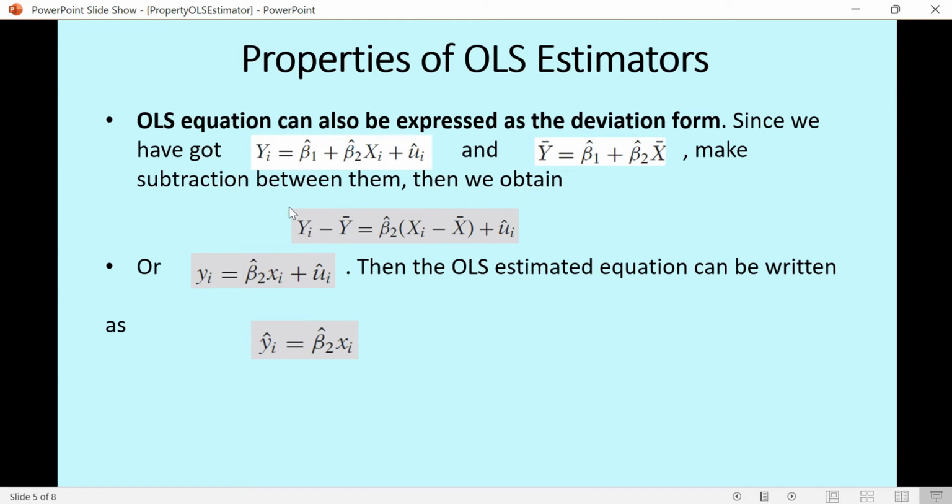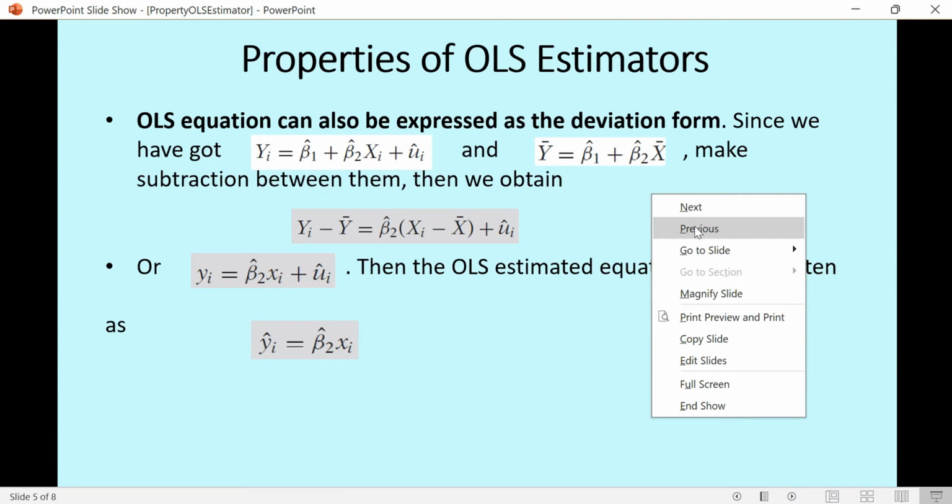So this part we can express as lowercase yi, which means the deviation form. This is yi minus the mean value of y, and this also can be written in deviation form, which is xi minus x bar, the mean of x. So this is also lowercase xi, then plus a residue.